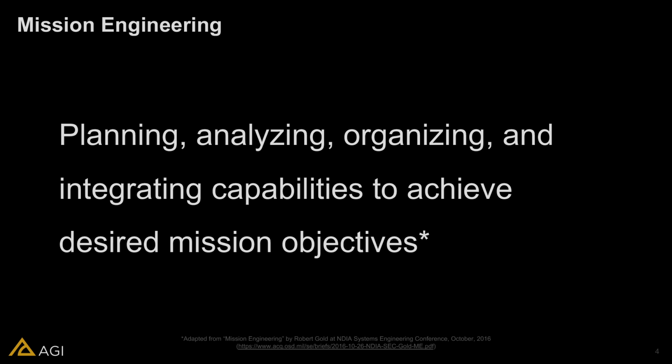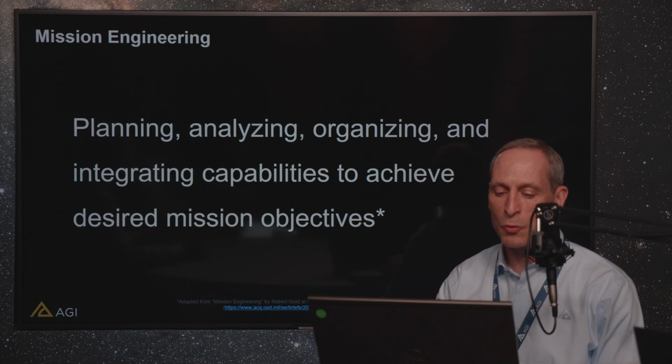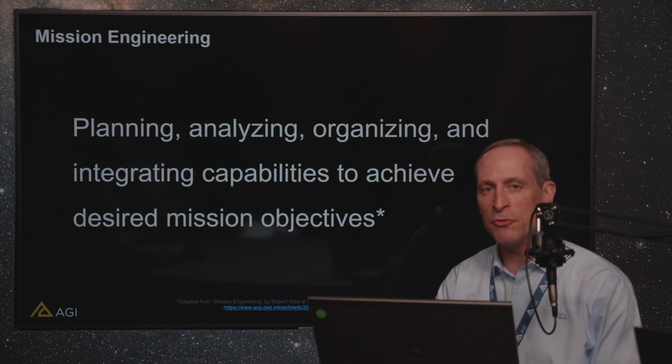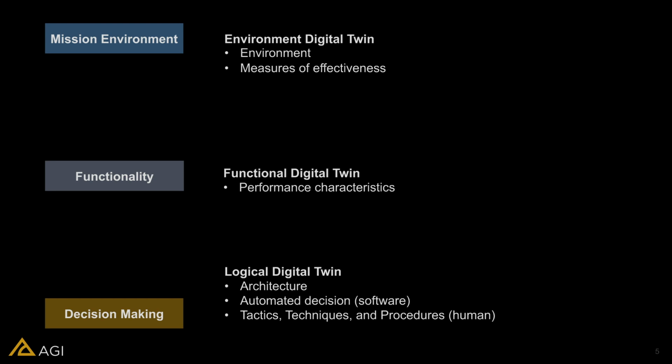So one other thing I'd like to highlight by way of background with regard to the definition of digital mission engineering as we use it here is how it overlaps with some of the modeling and simulation activities that go on in the engineering process or in the execution of system operations to execute some of these missions. So what we have depicted here are three generically encapsulated areas for modeling and simulation.